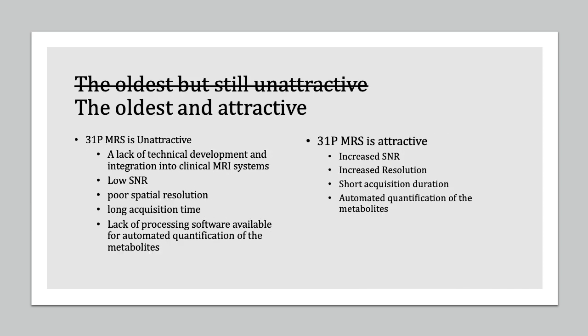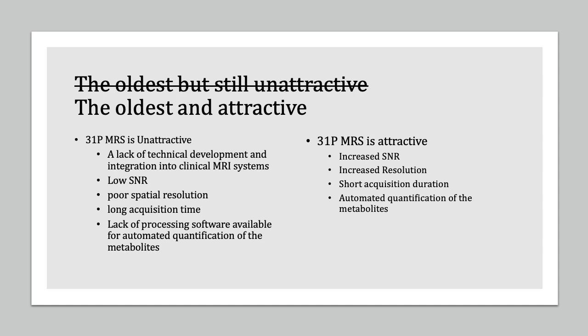However, although it is the oldest, it is not the attractive one, because a lack of technical development and integration into the clinical MRI system is the biggest barrier against phosphorus spectroscopic imaging, most likely originating from low signal to noise ratio, poor spatial resolution, long acquisition time, and lack of processing software available for automated quantification of the metabolites.